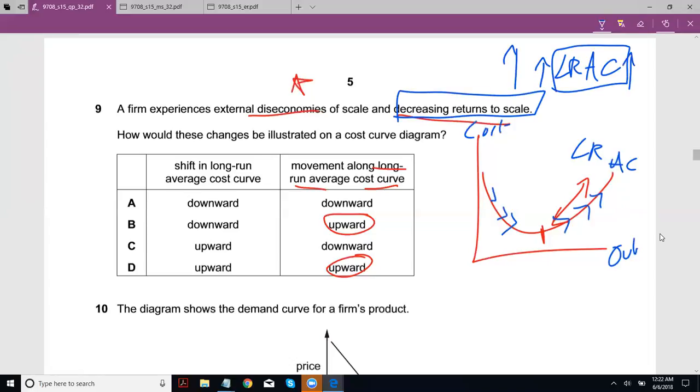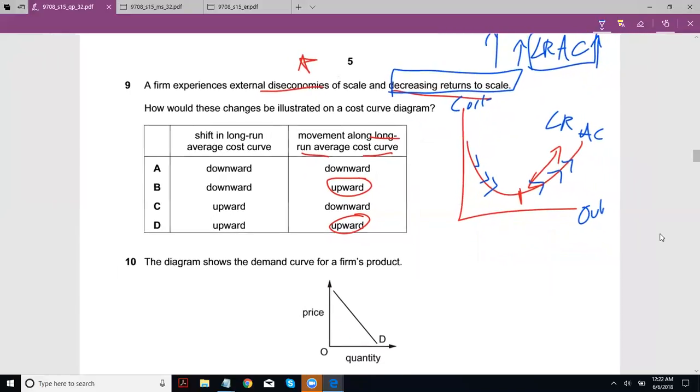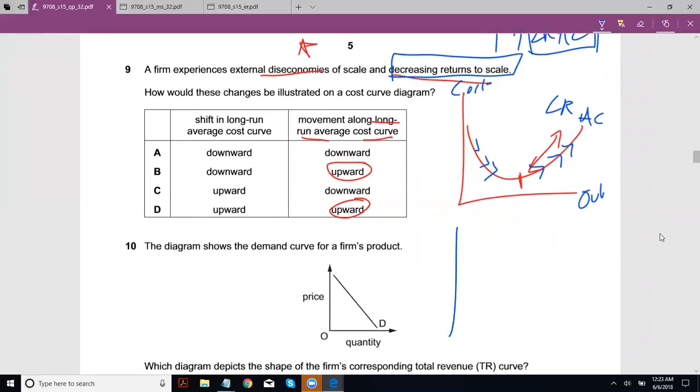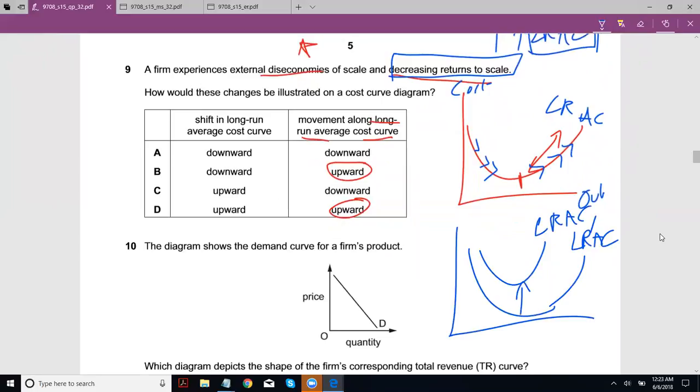So the average cost in a way increases, because to get the same level of output you'd have to increase your inputs by a lot more, and obviously your inputs incur a cost on you. So something like this, then this is your LRAC1, because it shows that costs have increased. Would you agree with that? Hmm.